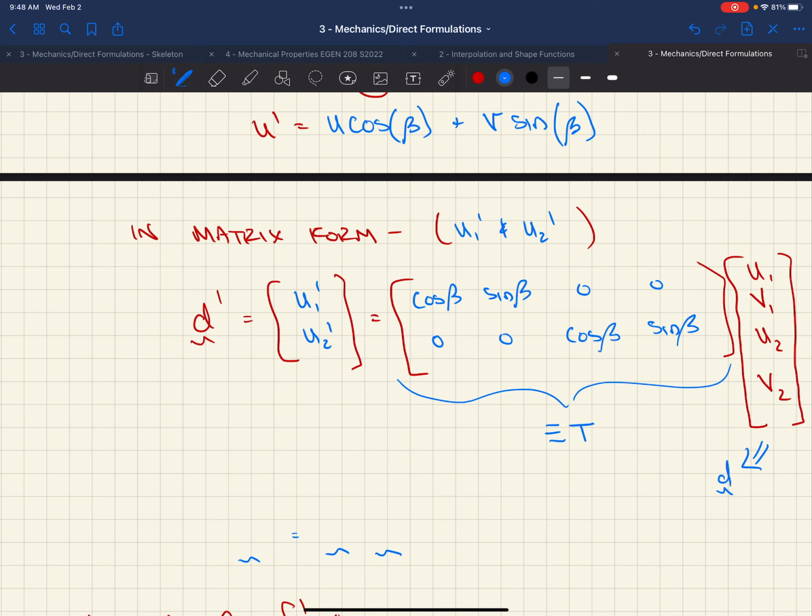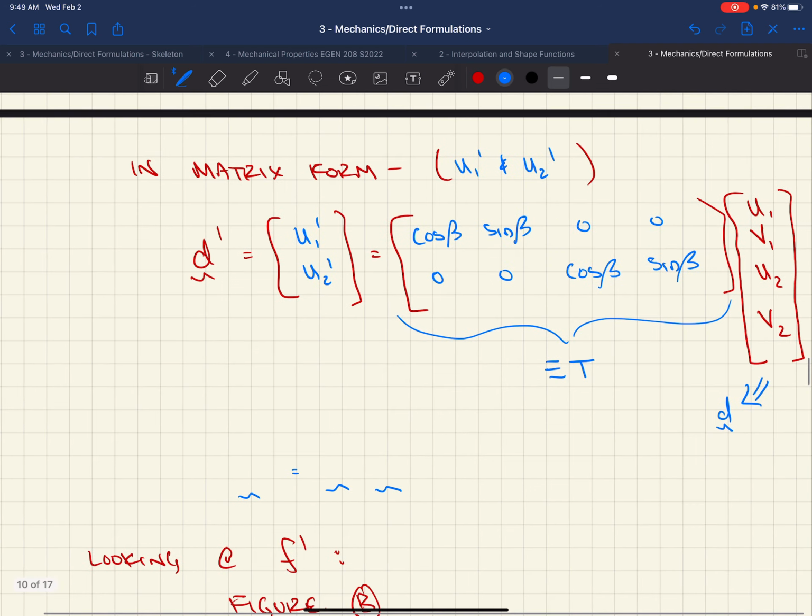Multiply all of those out, and d prime is our transformation matrix times our displacement matrix in the common global coordinates.